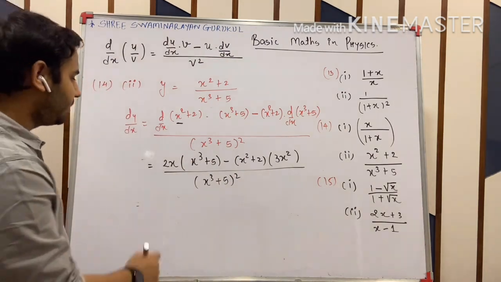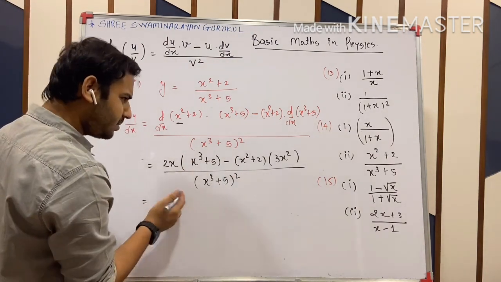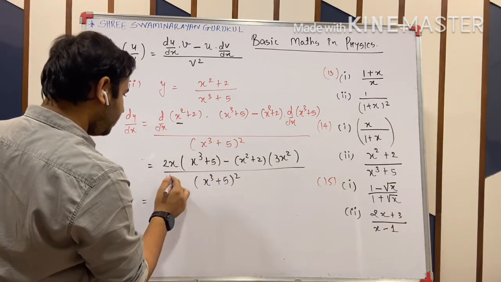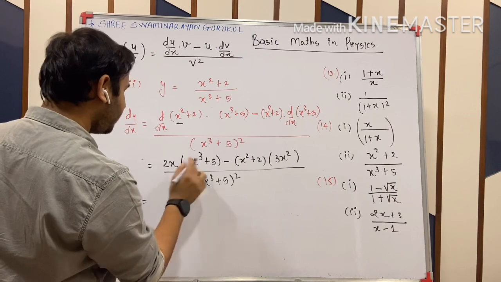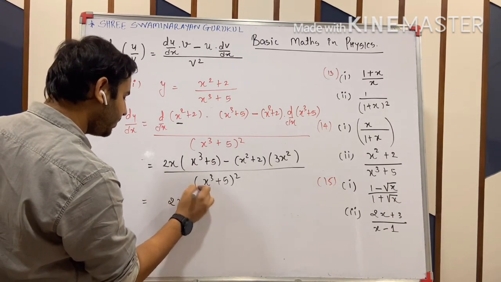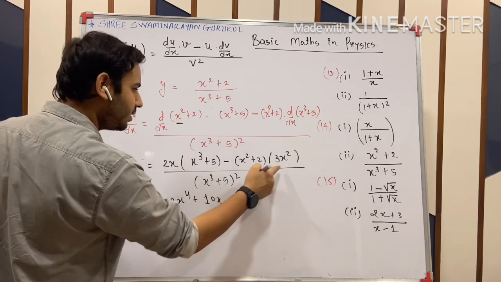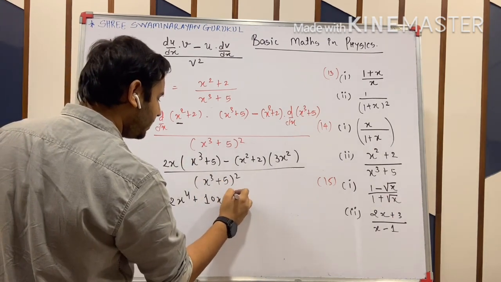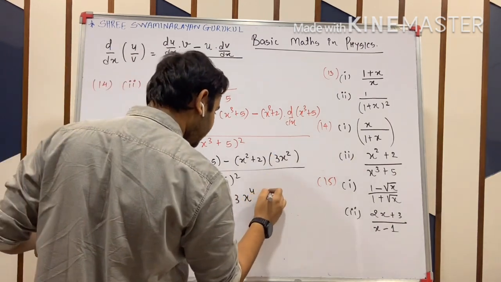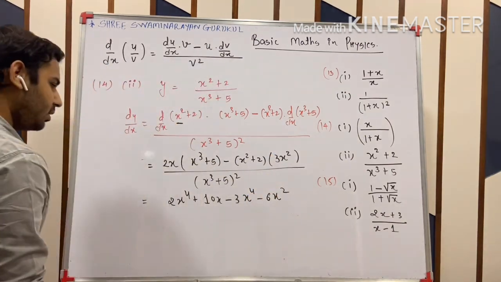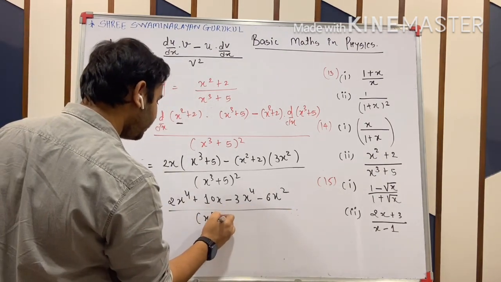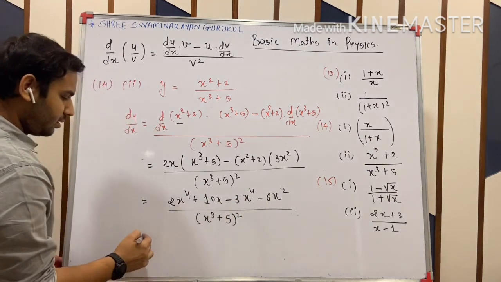So your final answer is, let's multiply all this. 2x into x cube is 2x raised to 4, plus 5 twos are 10x, minus 3x raised to 4, 3 twos are 6x square, upon x cube plus 5 whole square.